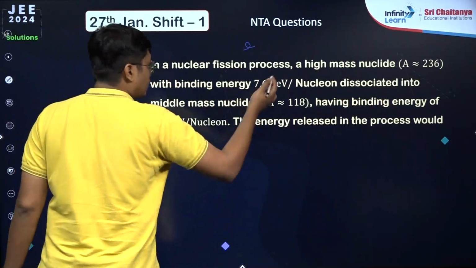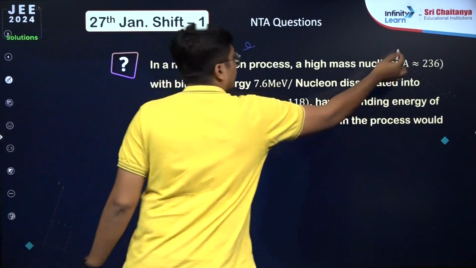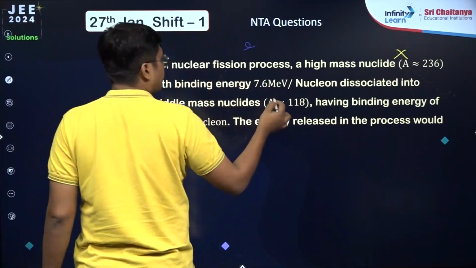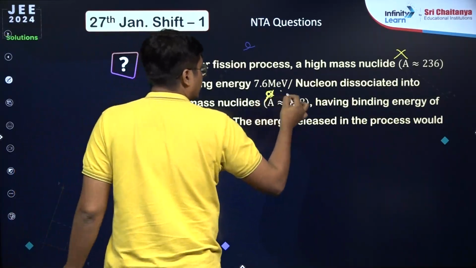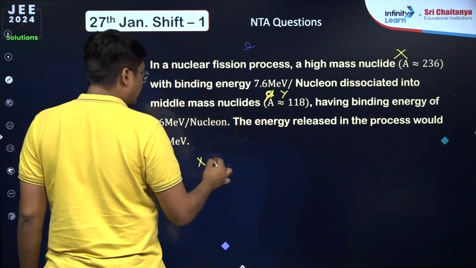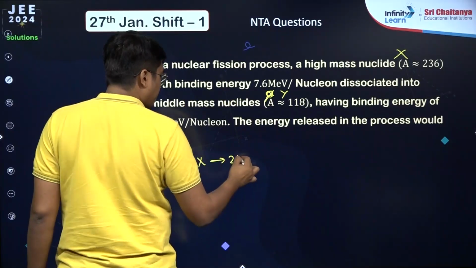So it is pretty simple. Over here, let's call it element X, and it breaks into this element Y. So that just means X is breaking up into 2Y.